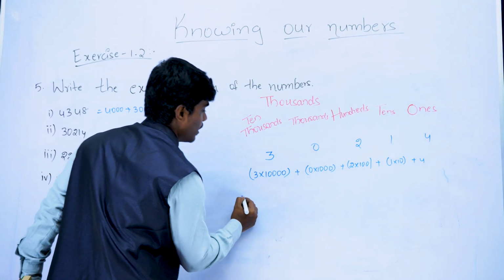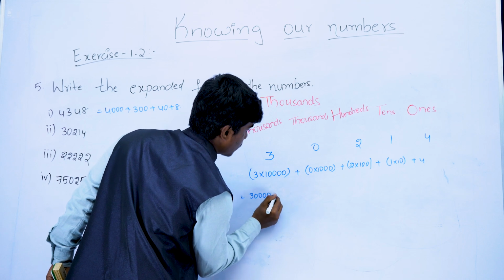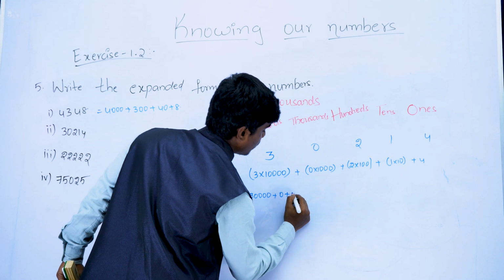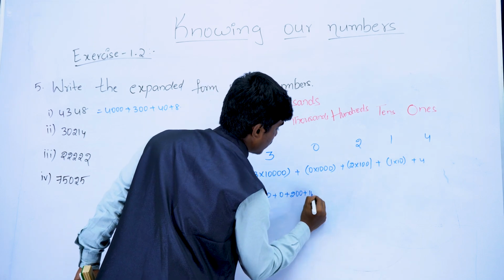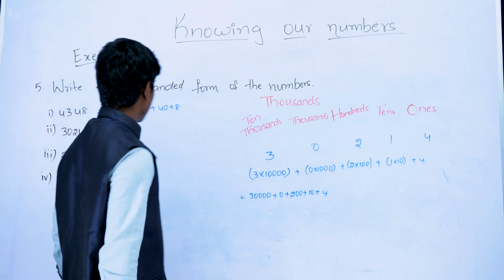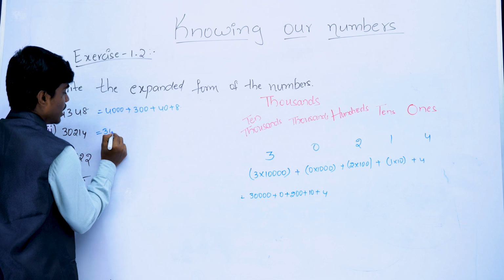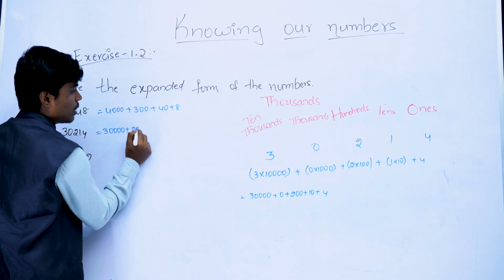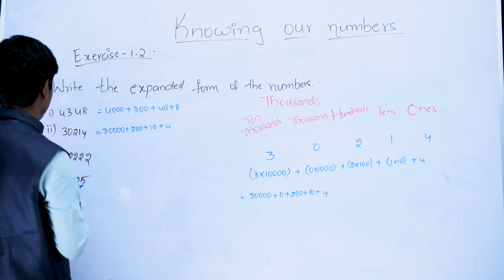See, here 3 into 10,000, 30,000 plus 0 plus 2 into 100, 200 plus 1 into 10, 10 plus 4. See, the expanded form of 30,214 is 30,000 plus 200 plus 10 plus 4.